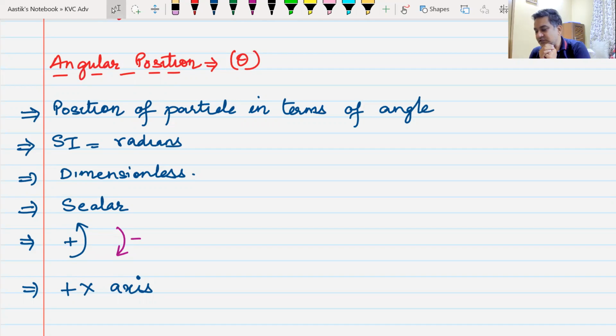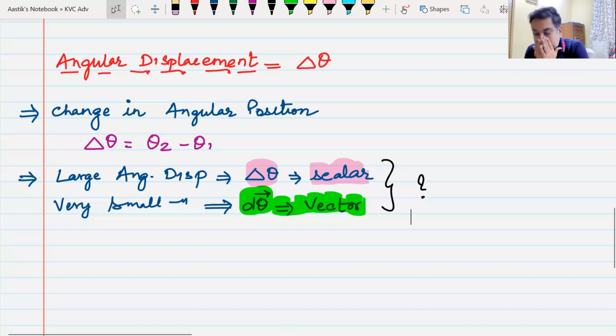Does angular position and angular displacement remind you of anything that we have already done?